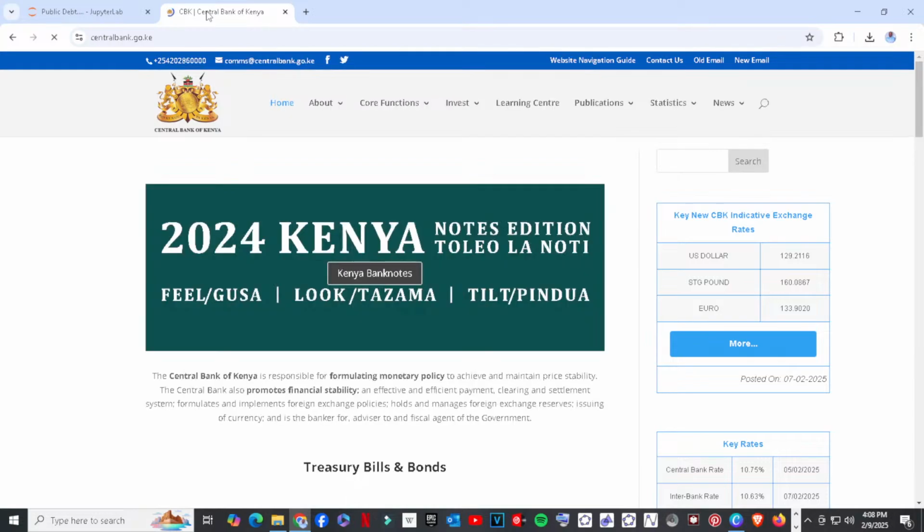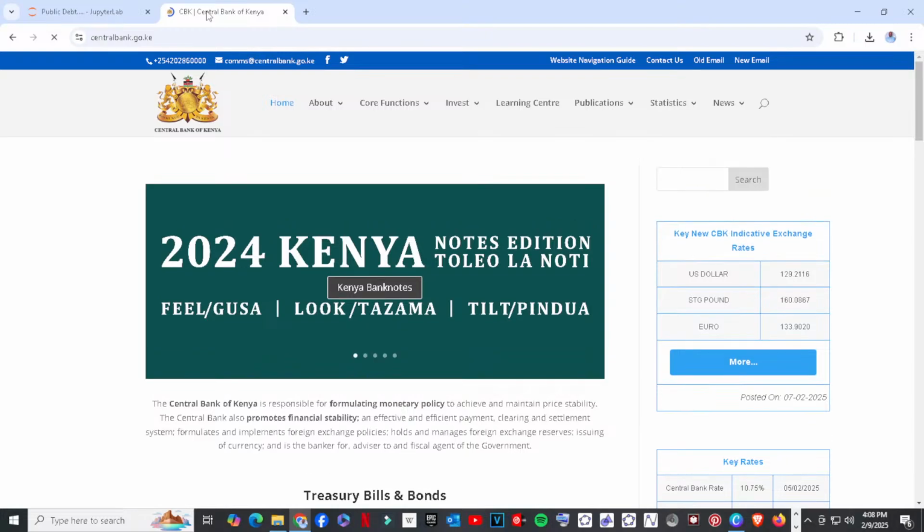So we are already here. This is the Central Bank of Kenya, and we can see Kenya banknotes. I'm not interested in getting there.